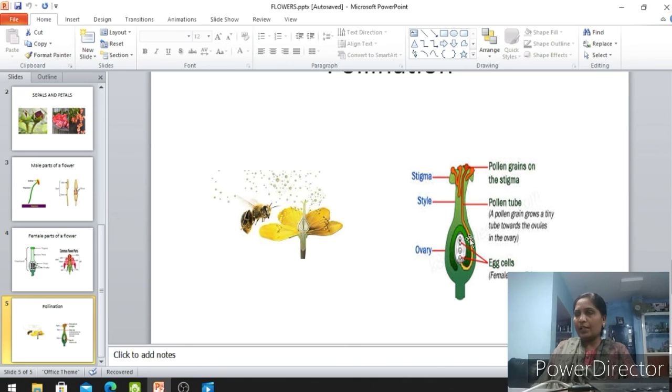So fertilization is taking place twice: once fusing with the female nucleus, one time fusing with polar nuclei. That's why it's also called double fertilization. Double fertilization, triple fusion is taking place in plants. So understood, children? This is all about the pollination and fertilization process which takes place in plants.